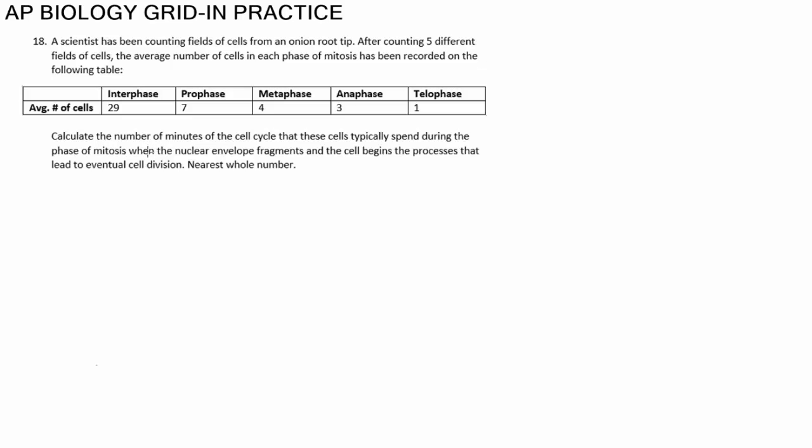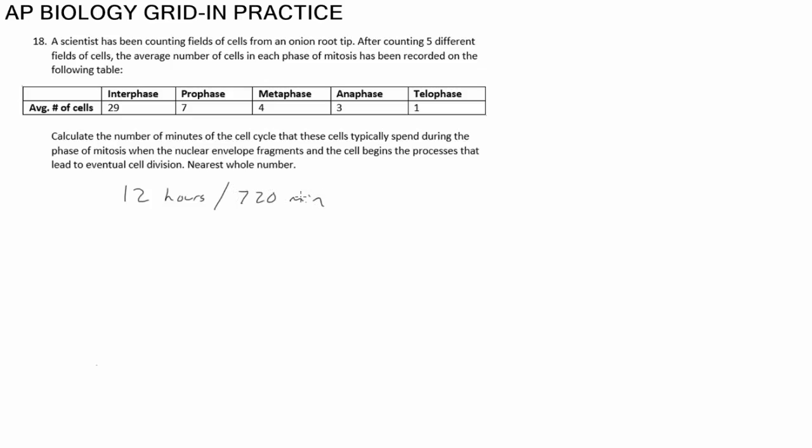The reason why we can't do that is because we don't know how long the entirety of this cell cycle is. However, just a little bit of internet research and some trustingness on my part, it has told me that the onion cell cycle takes 12 hours, 720 minutes.